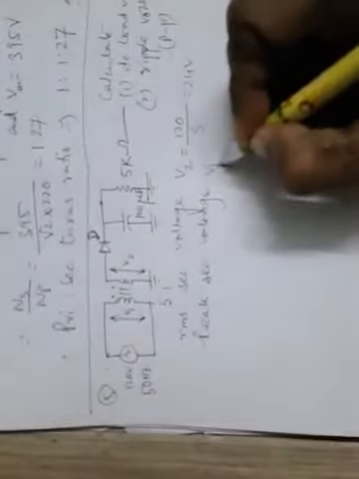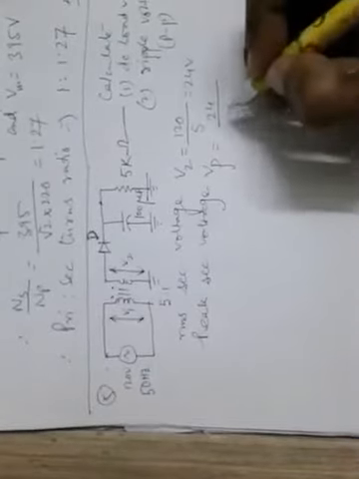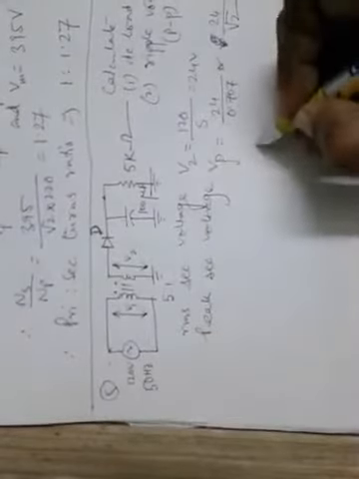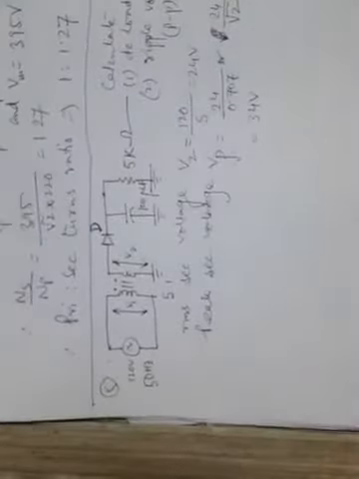So peak voltage Vp or Vm is 24 multiplied by root 2, which will give 34 volt.